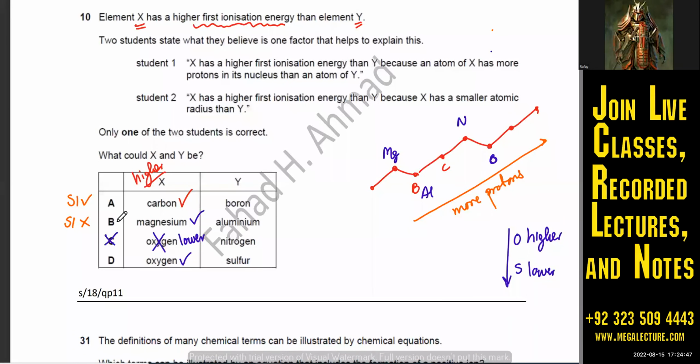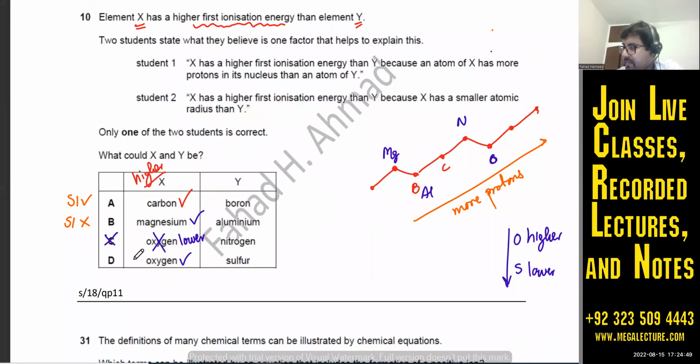Yes, sir. As for the next one, why is oxygen having an ionization energy greater than sulfur? Again, it's not because of more protons. It's actually because sulfur is bigger in size, and down the group, what happens? Sulfur is bigger in size. So what was the reason why oxygen had a higher ionization energy? Because it was smaller, and it was less shielded as well.